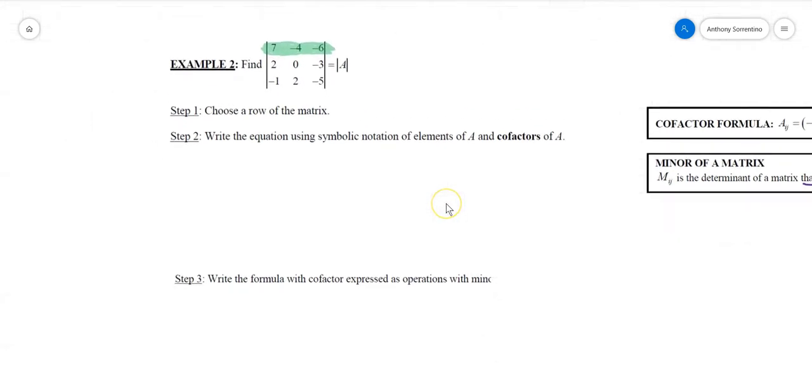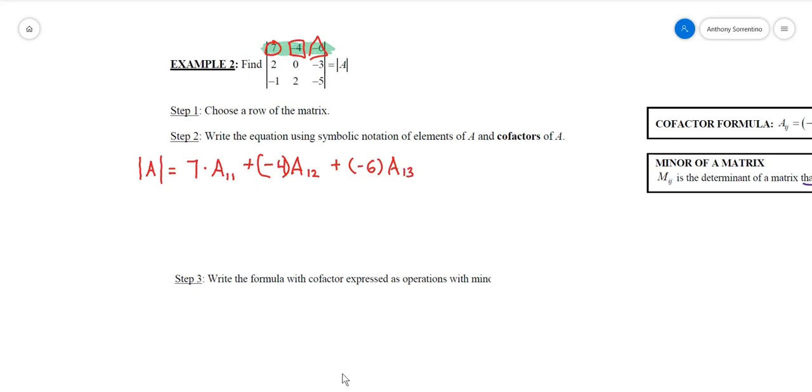If I expand across the first row, that means the determinant of A is going to equal this element here times, theoretically, A of 1, 1, plus this one here, negative 4 times A of 1, 2, plus this one here, negative 6 times A of 1, 3.